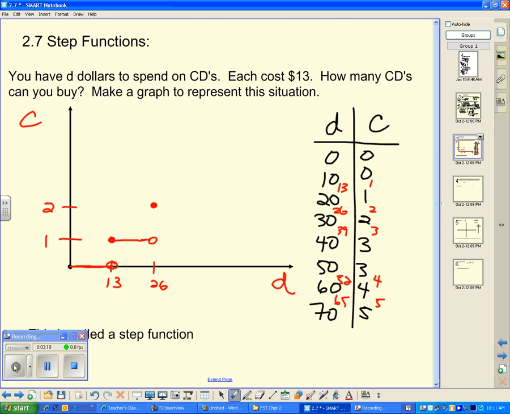I can't buy 3 until I get to 39, so if I have $38.99, I'm still at 2 CDs that whole time until I get to 39. Now I can jump up to 3 CDs and so on. And that's going to go to 52. This is called a step function.